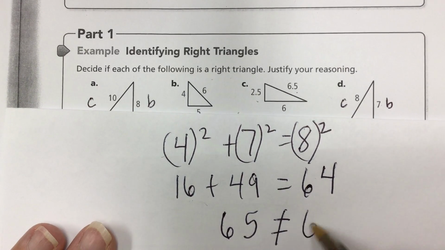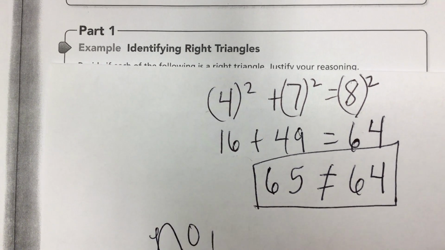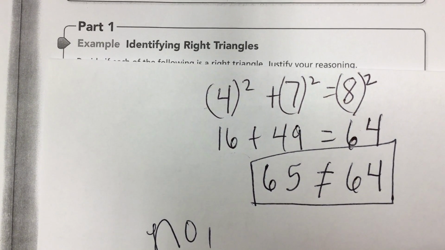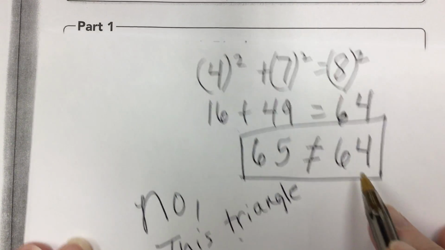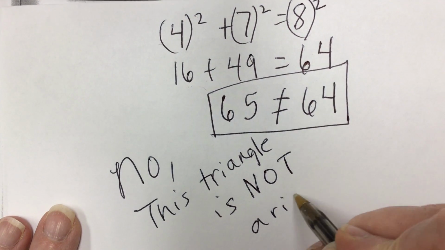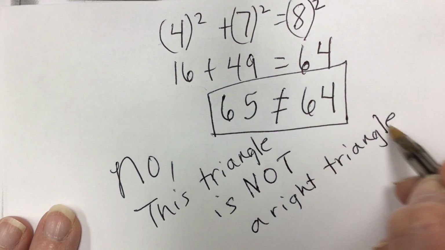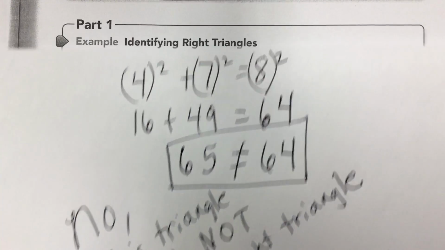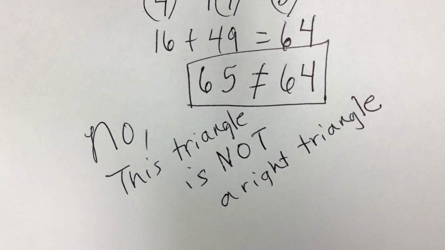That does not equal 64. Since the two do not equal, then no, this triangle is not a right triangle. So for D part, our answer will be no. D is not a right triangle because the left side did not equal the right side.